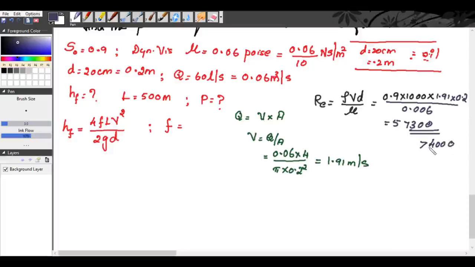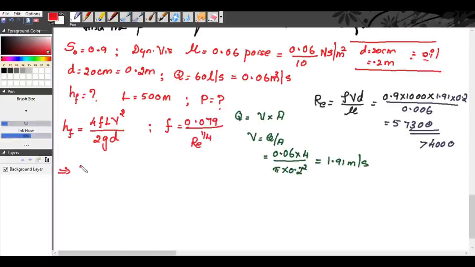So, if Reynolds number is greater than 4000, the coefficient of friction F is equal to 0.079 divided by Re raised to 1 by 4.